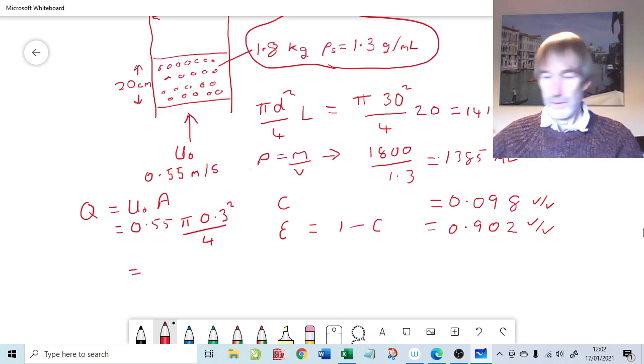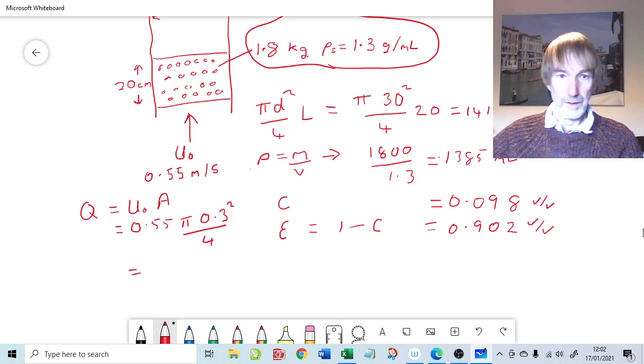Okay, so if I go back to my trusty old calculator, cancel what we had there. So we have 0.3 times 0.3 times 3.14 times 0.55, all divided by 4.